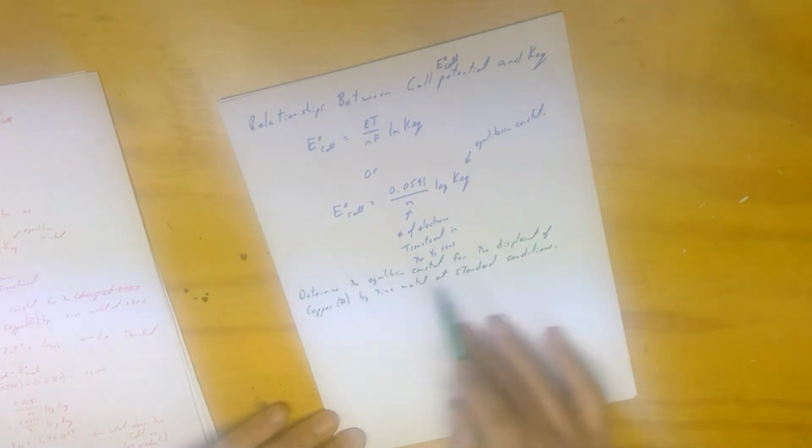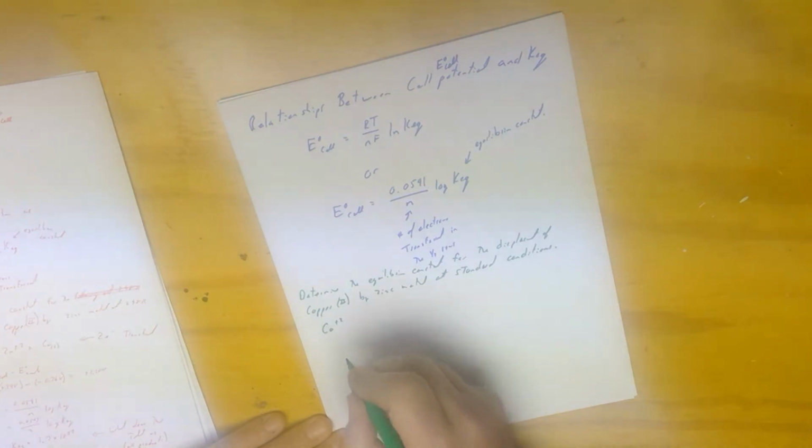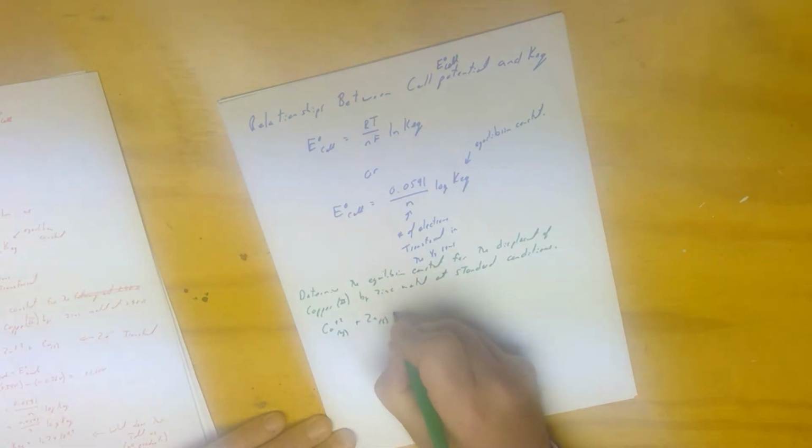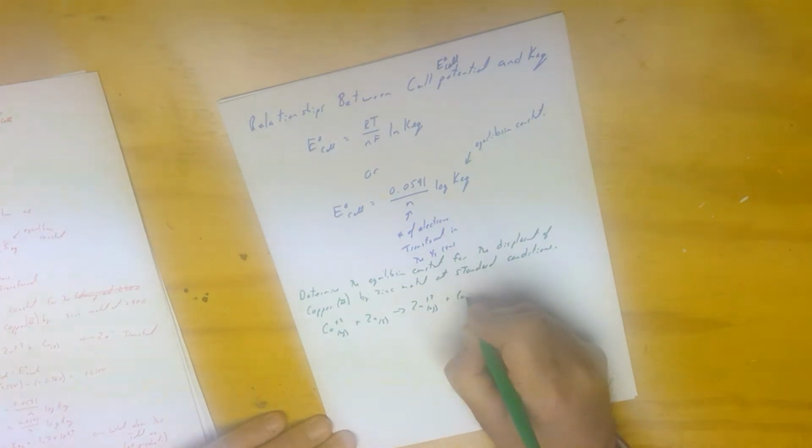Right, so we need to write this equation first. Okay, so we have Cu plus 2, aqueous, with zinc solid going to Zn plus 2, aqueous, plus Cu solid.